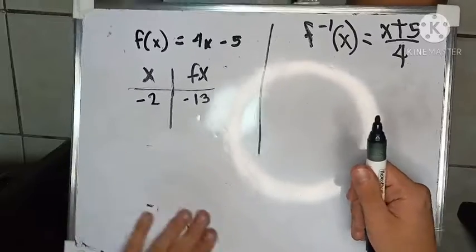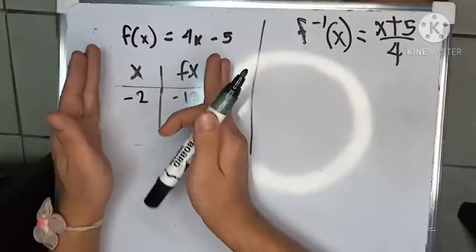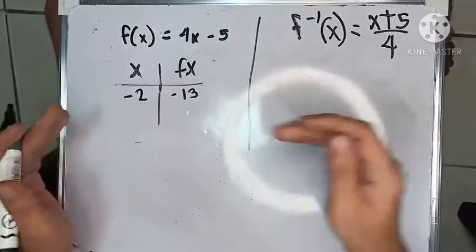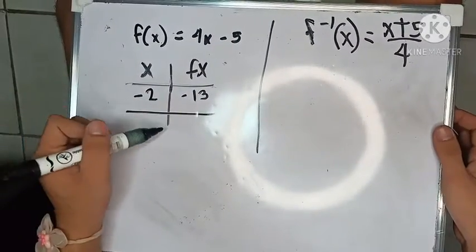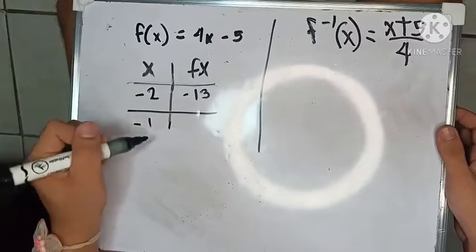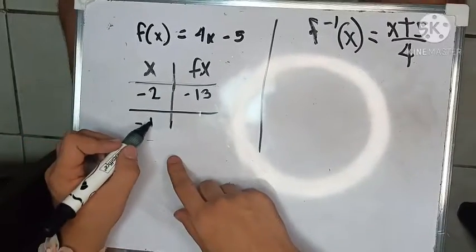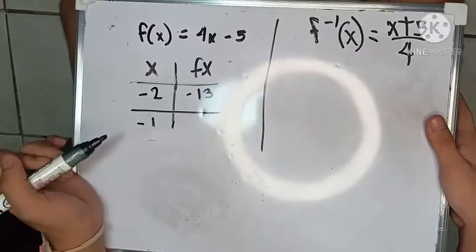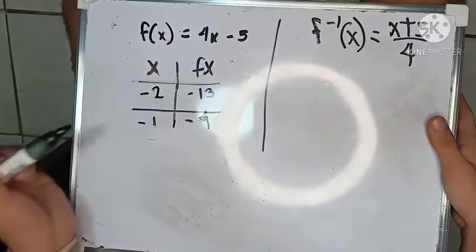We're going to add some more points to this graph so we can make a graph later. Negative 1 and negative 9.